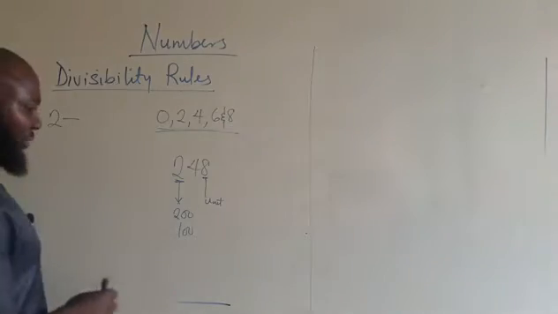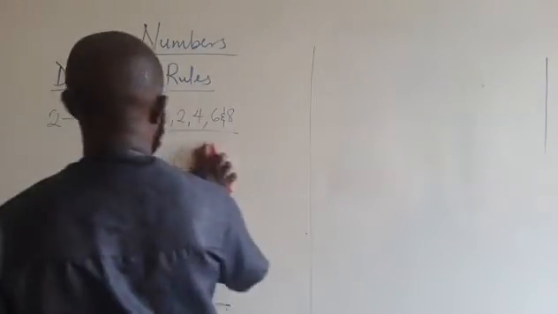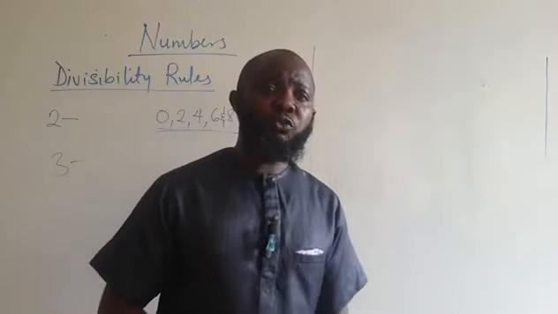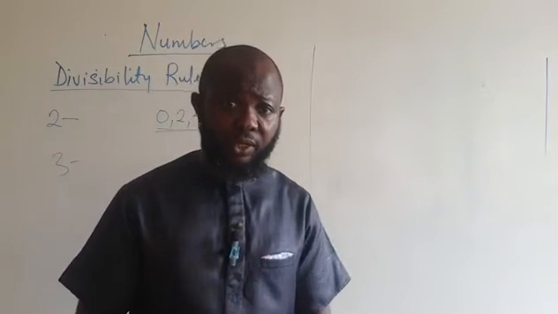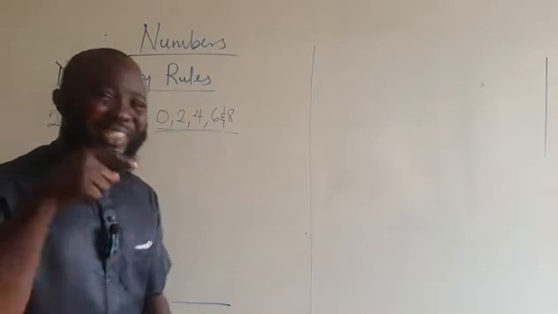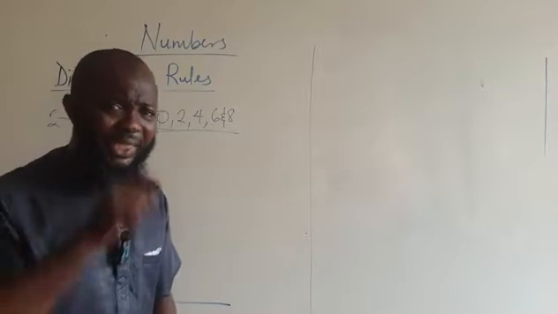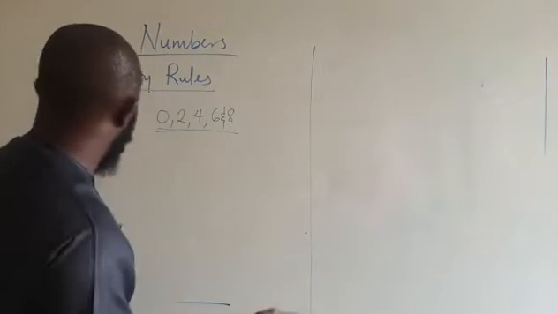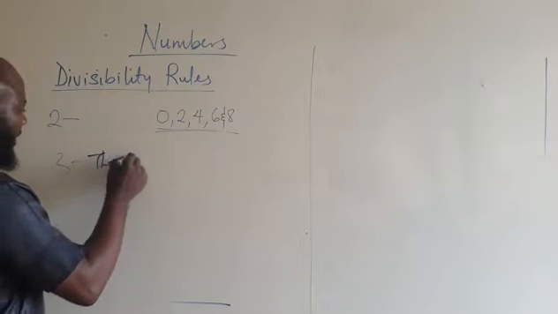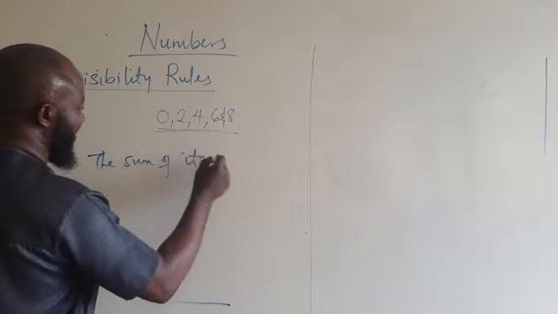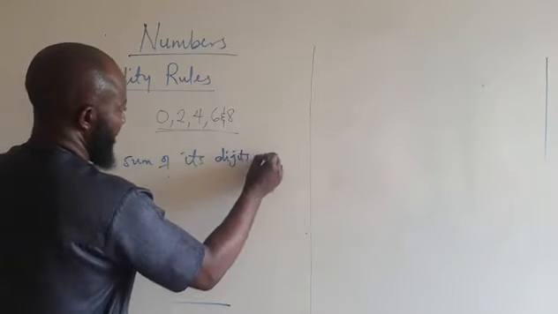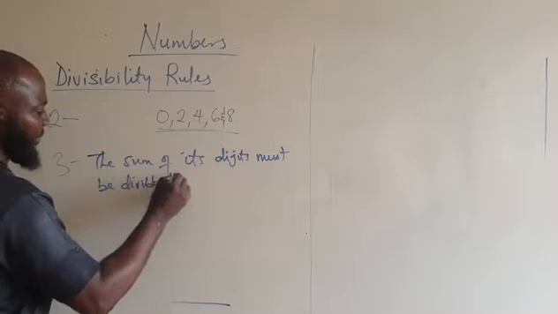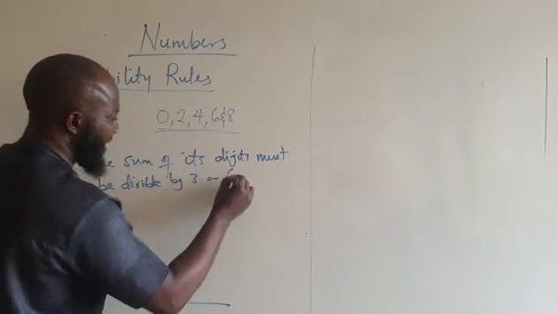So we'll move to the next one, which is 3. Now, for you to know if a number is divisible by 3, the sum of the digits in that number must give you a result that is divisible by 3, or be a multiple of 3.